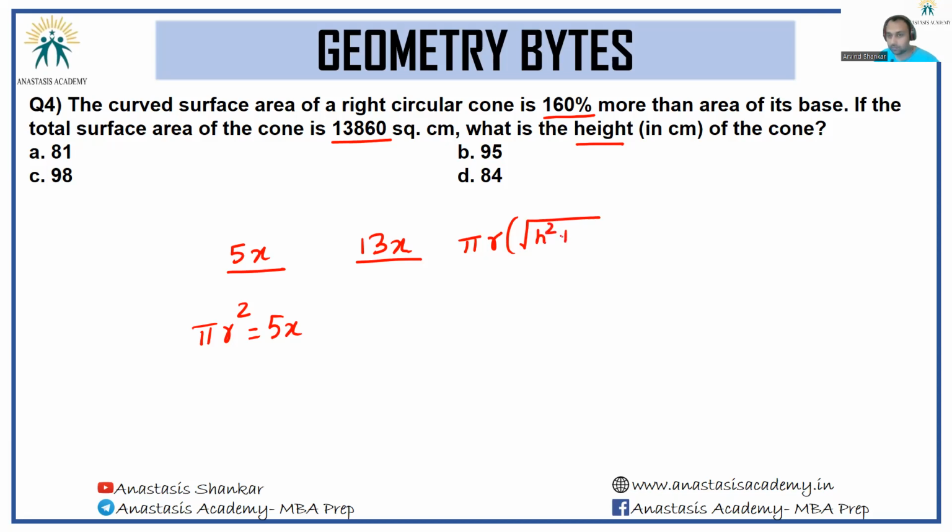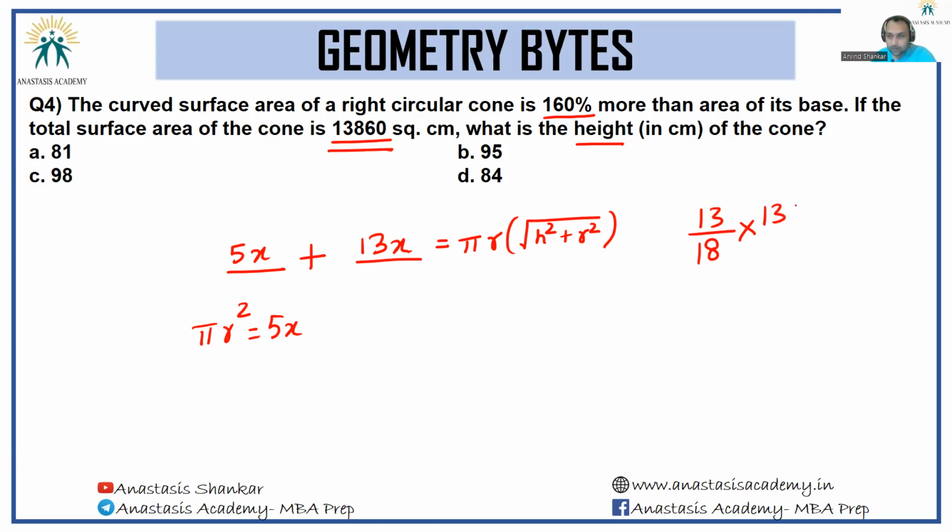H square plus r square is equal to 13x. Oh, why do I even care for this? I'm an idiot. I already have 5x plus 13x as this value. So 13 by 18 into 13, or okay, I can get value of r also directly.